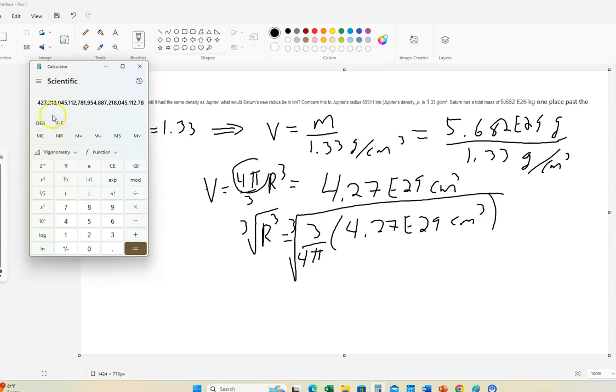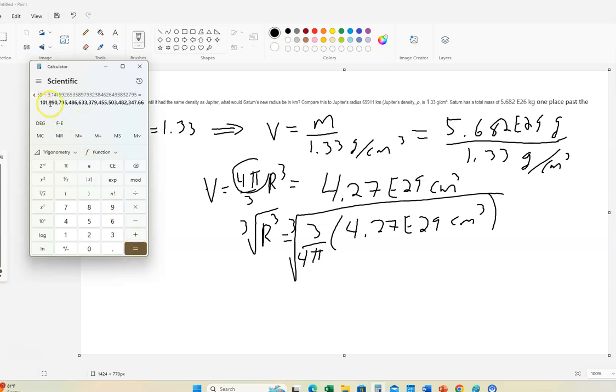That's the full number, not in scientific notation, the 4.27 times 10 to the 29th. I'm going to multiply that times 3, and then divide by 4, equals, and then divide by pi. I'm just doing those in 2 different steps. Notice the 4 pi is in the denominator. So that's the number.